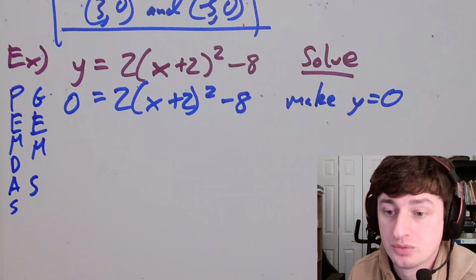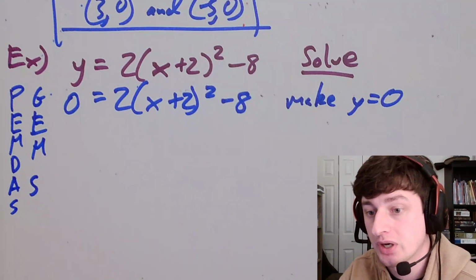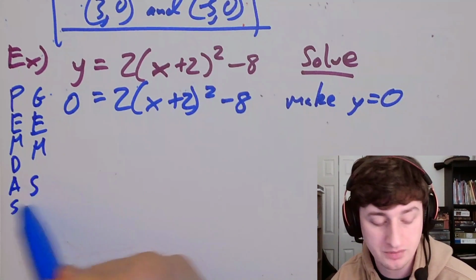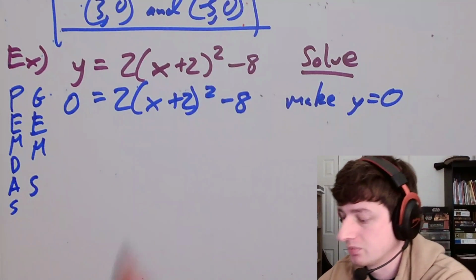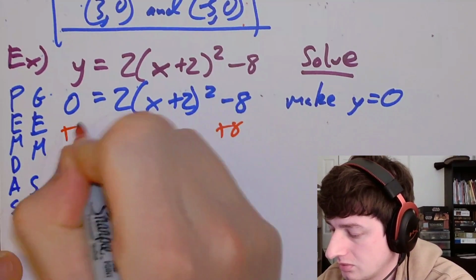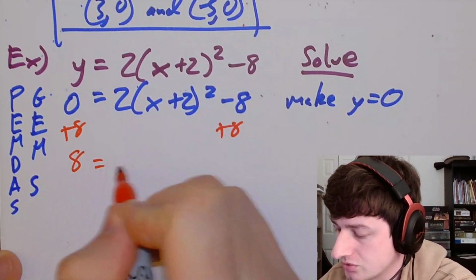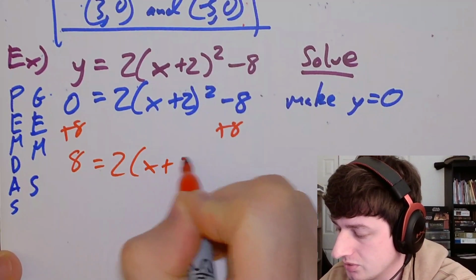So the first thing we do, since we're doing inverses, we're going up. We do the opposite of addition or subtraction. So there's a minus 8, so we do plus 8 to both sides. And so we get 8 equals 2 times x plus 2 squared.